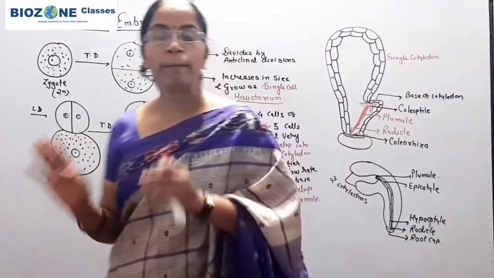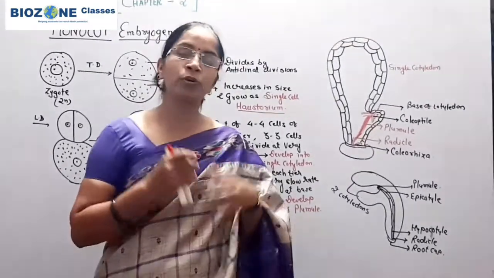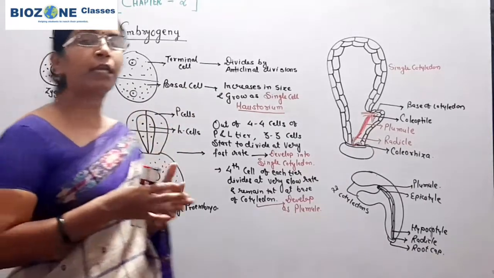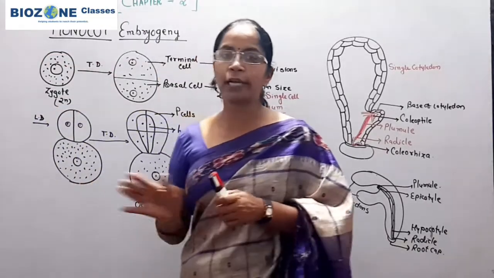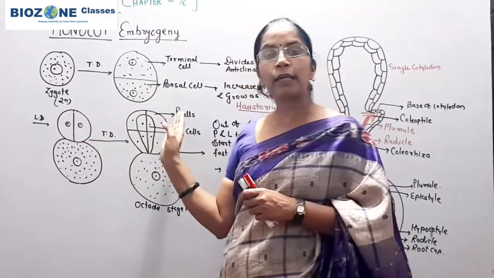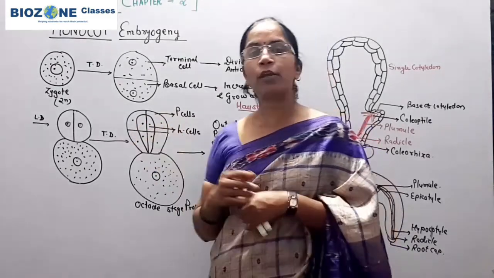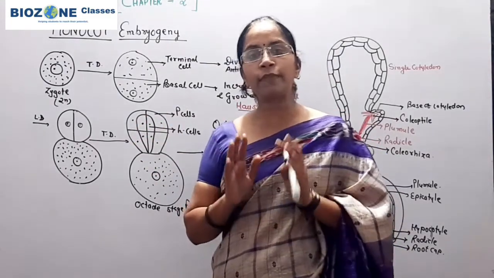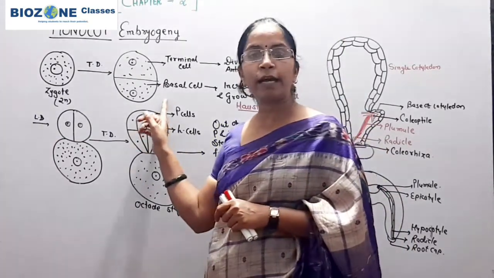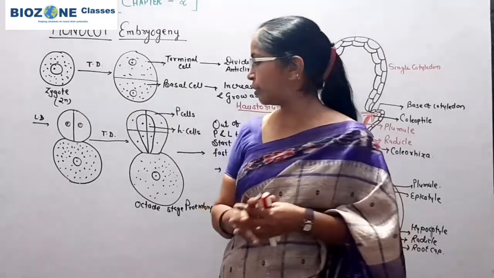So this much you remember for embryogeny in monocots. If you write an answer for your board exams, there is no need to explain each and everything. You can directly mention that up to the octant stage of the proembryo, the divisions in monocots, exactly the divisions in terminal cells, are equivalent to dicots. The only difference is that in monocots the basal cell is never divided; it directly develops into a single-celled suspensor for providing nutrition.